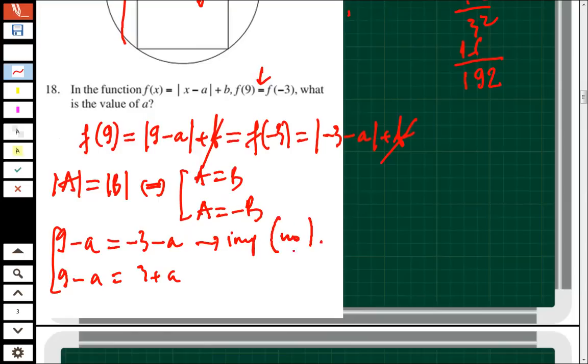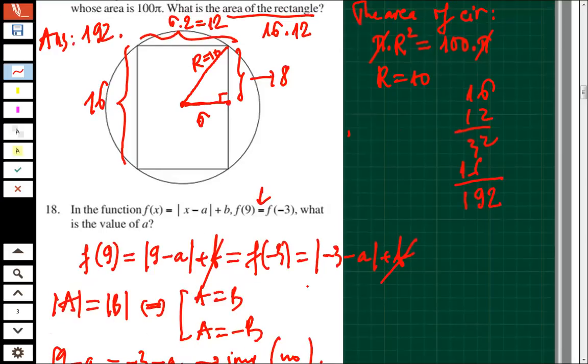And here we have a equals 3. Let me check again. Succeed. This is the final result. We are done.